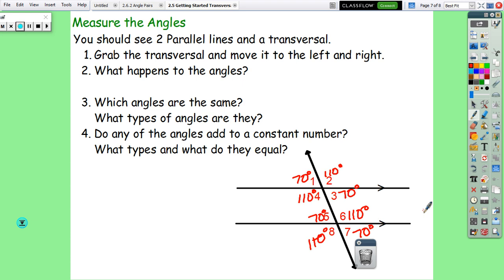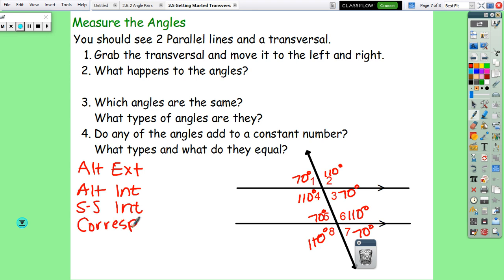So if you notice, okay, we've talked about some different kinds of angles. So we have alternate exterior angles, we have alternate interior angles. We have same side interior angles. We have corresponding angles. And we also have vertical angles.